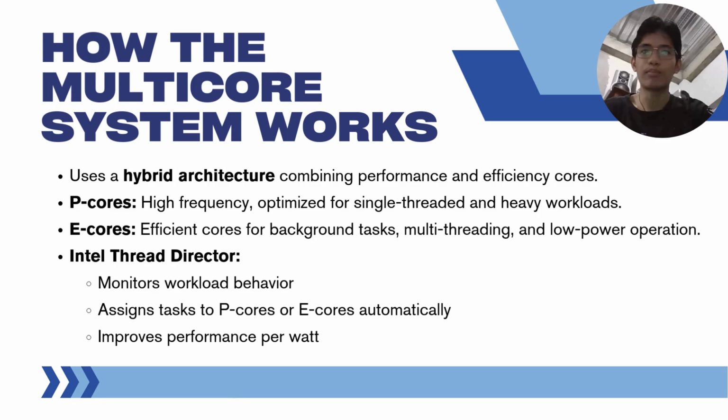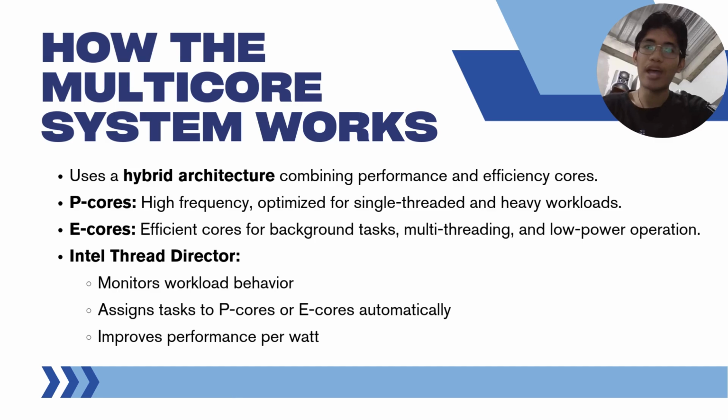So how does the multi-core system work in this processor? This hybrid architecture works through a special feature called Intel Thread Director. The Thread Director monitors each task and decides whether it should run on a P core or an E core. For example, if you are gaming, the game engine will be handled by the P cores for maximum performance.